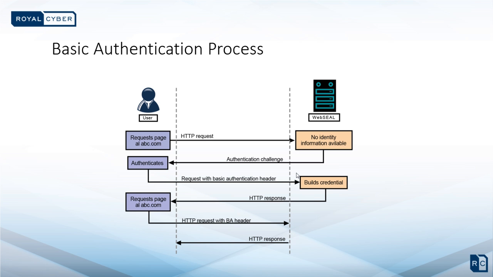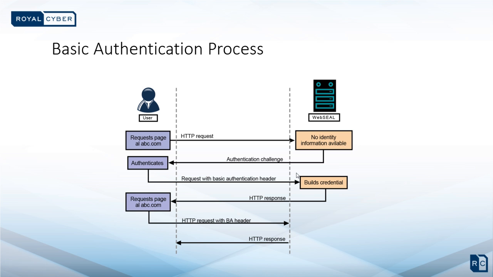As you can see in the chart, if no basic authentication header is received with the initial request, WebSeal sends an authentication challenge. The authentication challenge prompts the browser to display a login box, which you saw in the earlier screen. After the login is complete, the original request is resent with a basic authentication header. After WebSeal receives a request with a basic authentication header, it searches for a match in the cache.